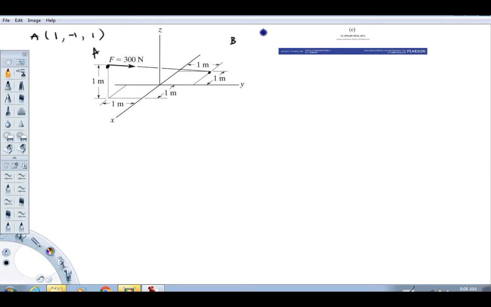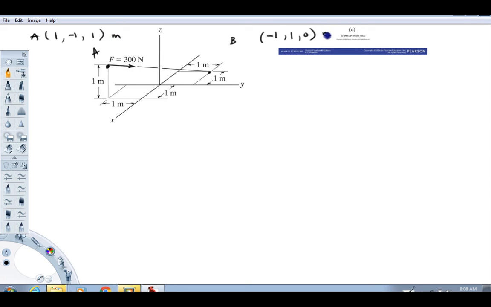The coordinates of point B: it's back 1, so we're going to go minus 1. Y direction, we're going this way 1. And then Z direction, it doesn't go up or down at all, so we'll just say 0. Again, these are coordinates in meters, so go ahead and put units on them.